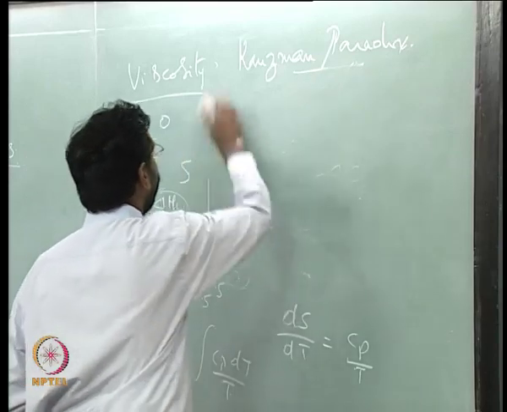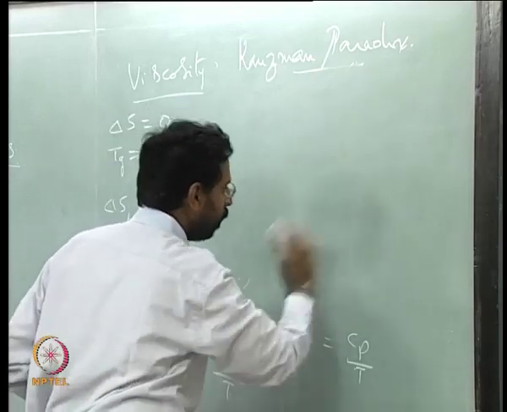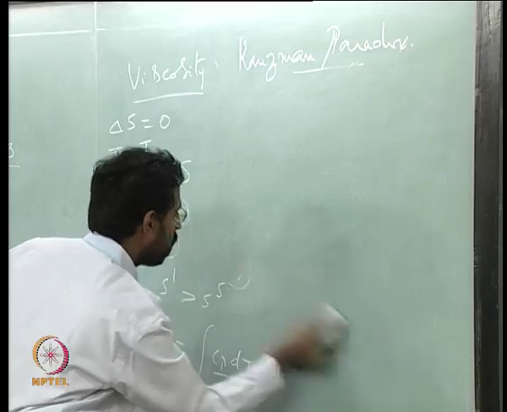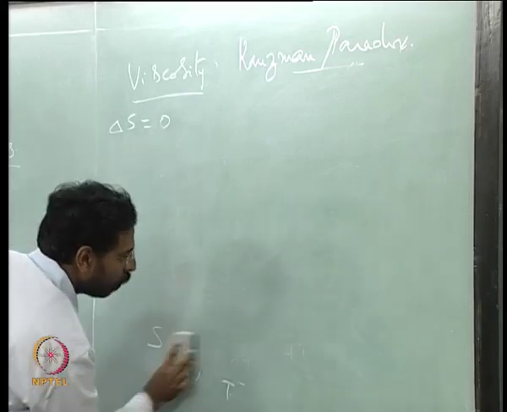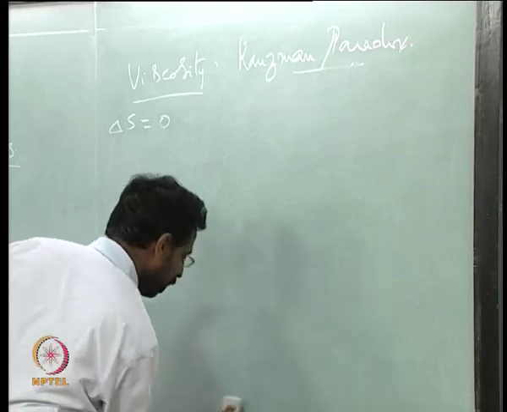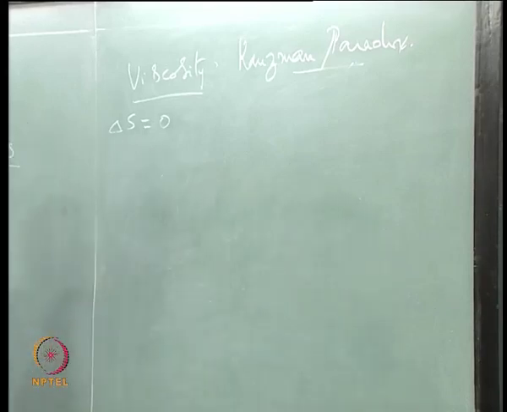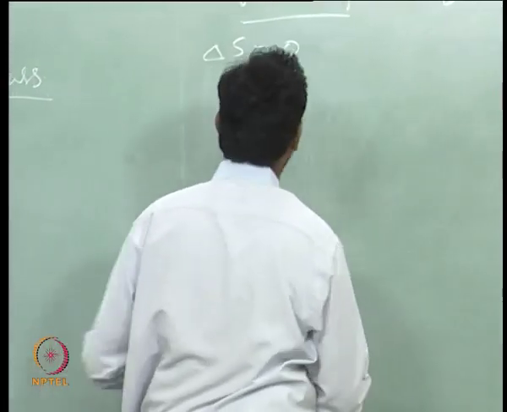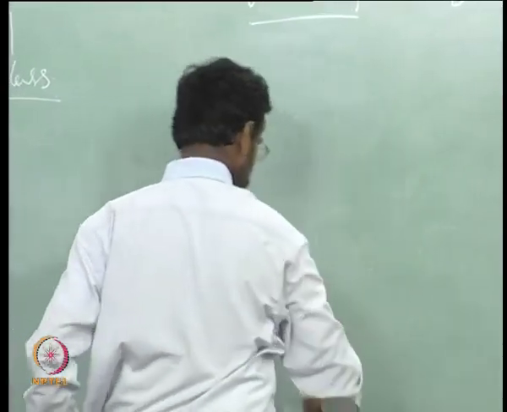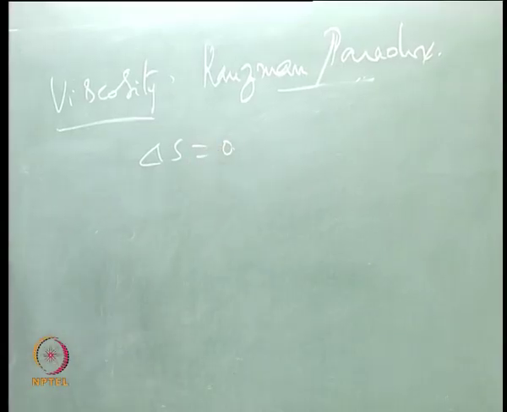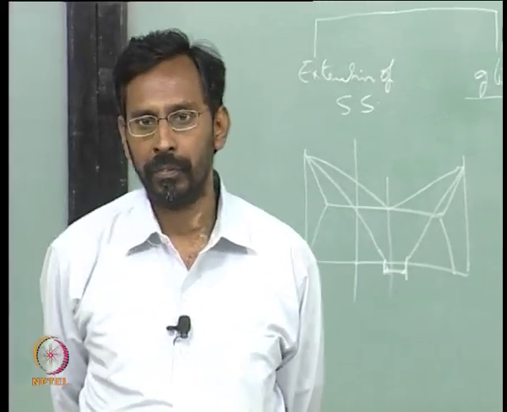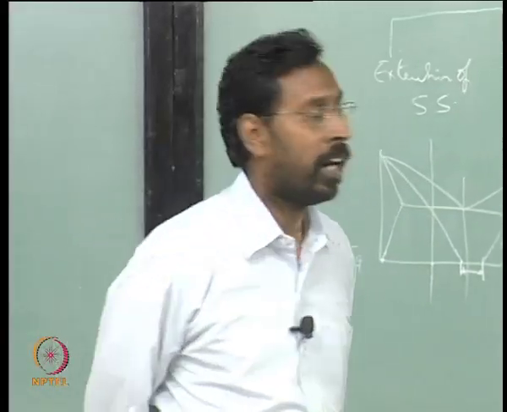So, this is one of the very important concepts which comes from thermodynamics, but if you look at this a little more carefully, whenever a glass is being formed, the delta S is 0, and what about delta G?